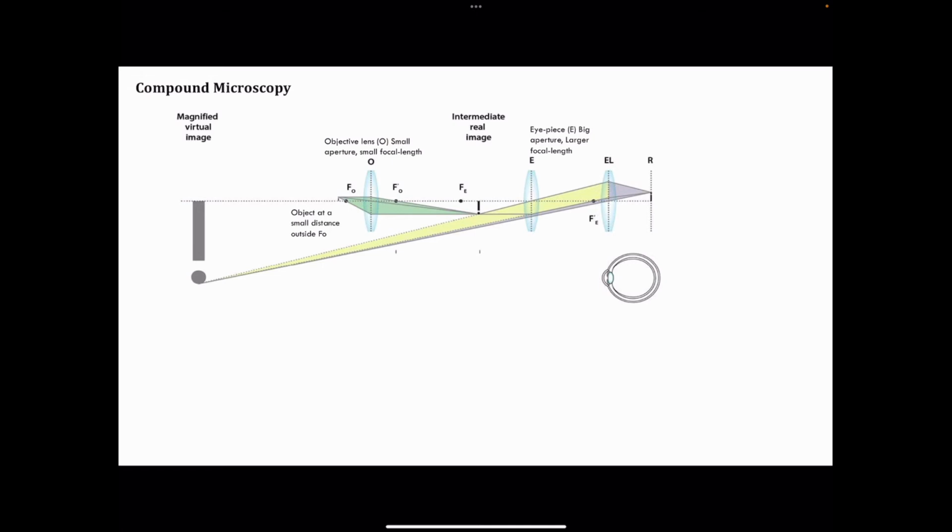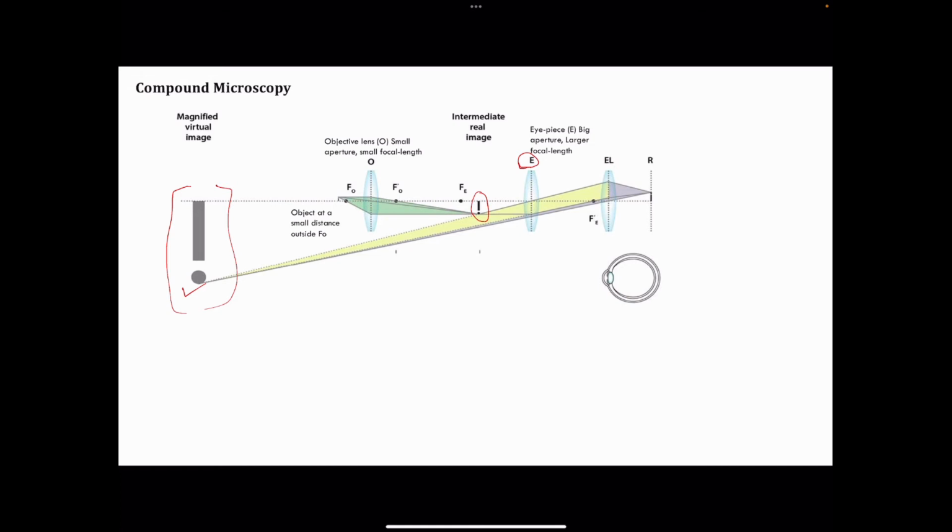So this image is taken by the eyepiece, and the eyepiece magnifies it further to produce an image somewhere here, which will be a virtual and upright image, formed on the same side of the eyepiece where your object is placed.